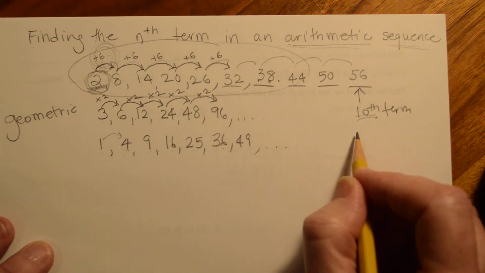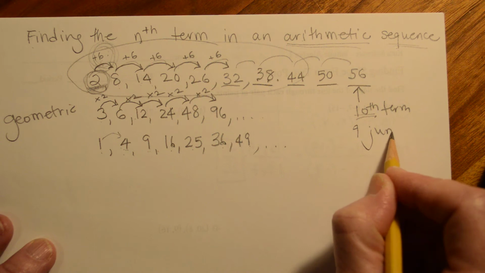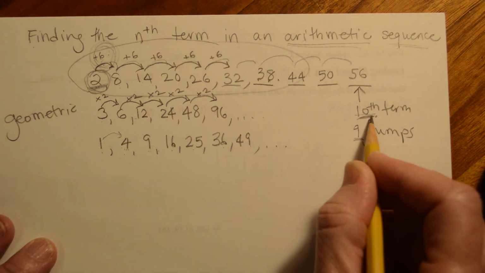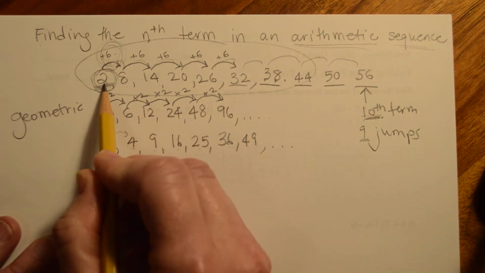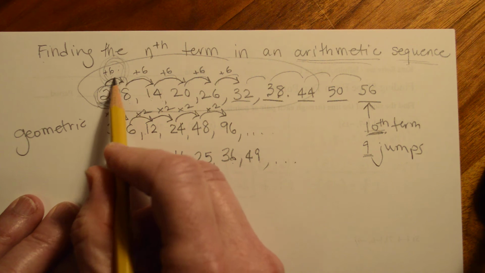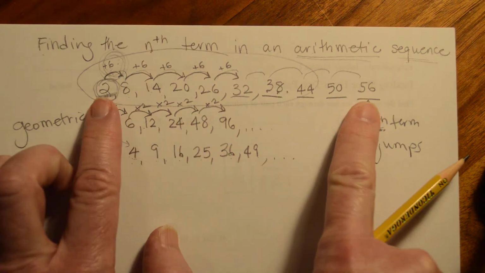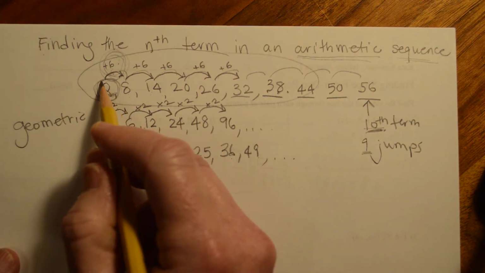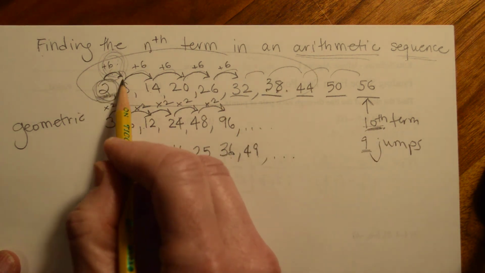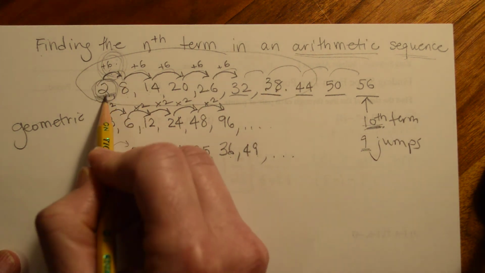That is not coincidental: to get to the 10th term, we did 1 less jump than the term number. Again, we're starting from here. There was no jump to get to that one. That was our beginning point. So there's always 1 less jump than the number of terms. And then each jump was worth 6, and then we started at 2.